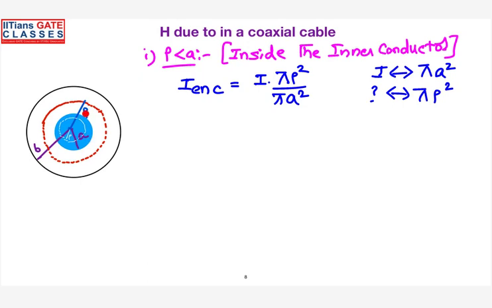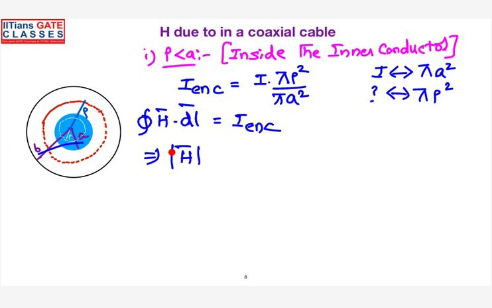Now we can apply Ampere's law. What does Ampere's law say? The closed integral of H dot dl is equal to I enclosed. So H into the closed line integral, which for the loop you have considered is 2 pi rho, is equal to I into rho square by a square.